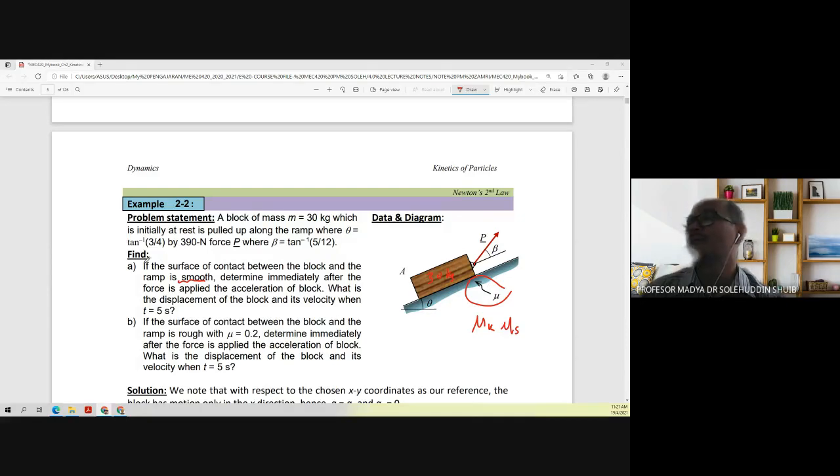In this problem, the question asks you to find, between block and ramp, first a smooth surface, meaning no friction.